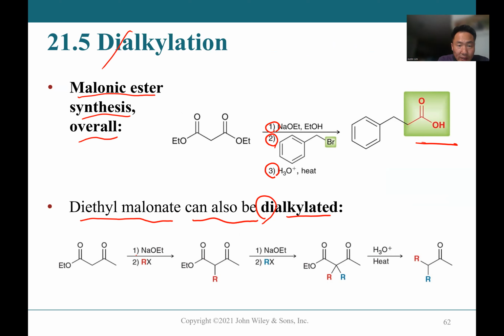So there are 2 steps to get the alkylated product, and then you can use a base and an alkyl halide again to generate the dialkylated product. With aqueous acid at high temperature, you can get the dialkylated product.